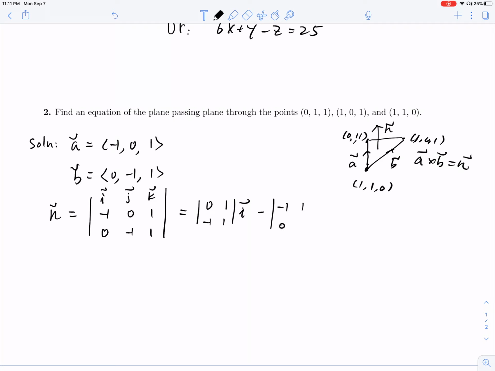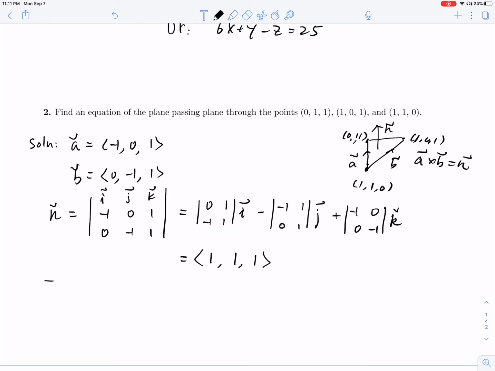So the i component is going to be 1, the j component is also 1, and the k component is also 1. We are in a very lucky case. The normal vector is simply (1, 1, 1).